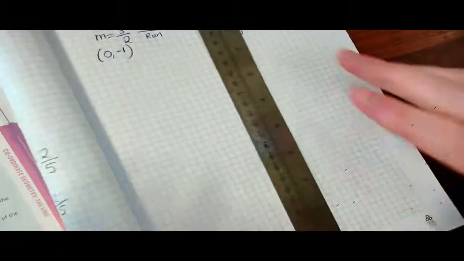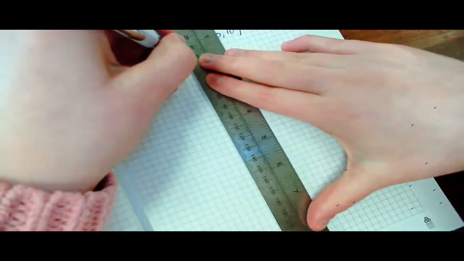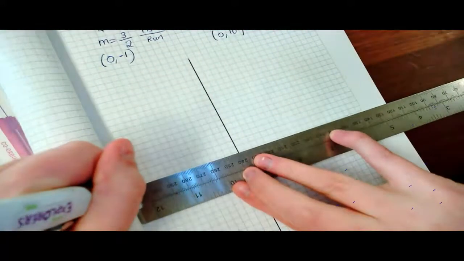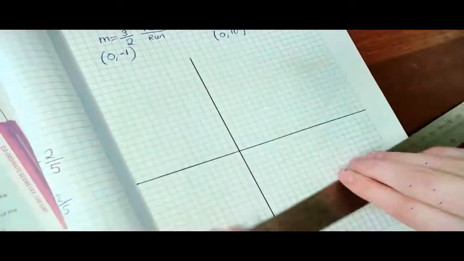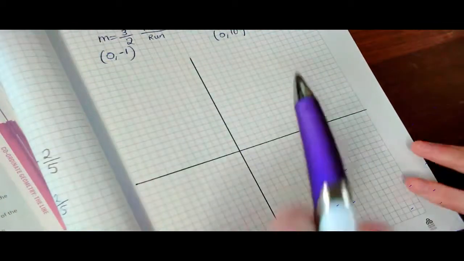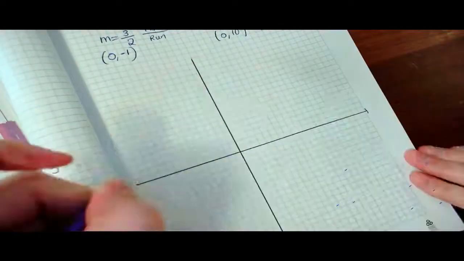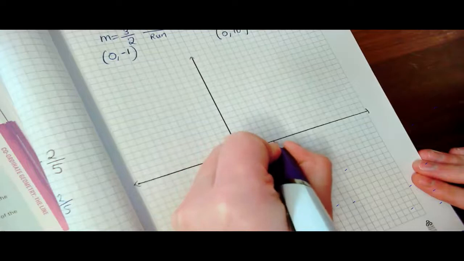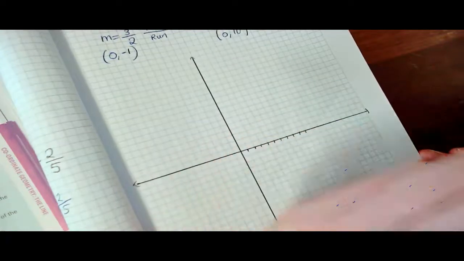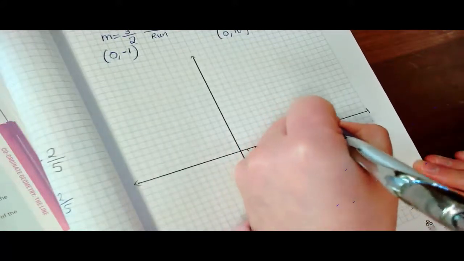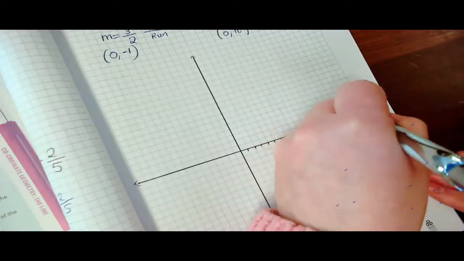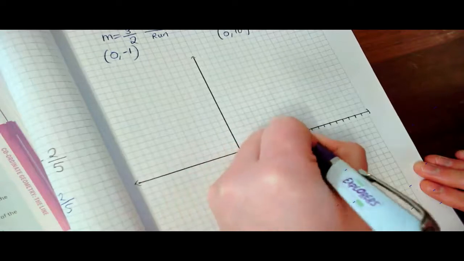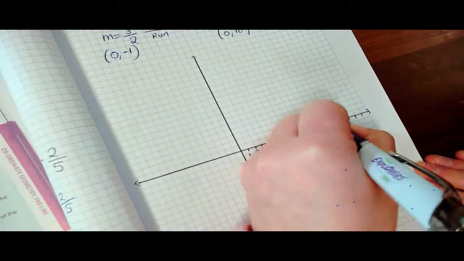So if I draw out my graph then, because my y has to go up to 10 here, I'm only going to use 1 square this time. So it's a bit squished in there.